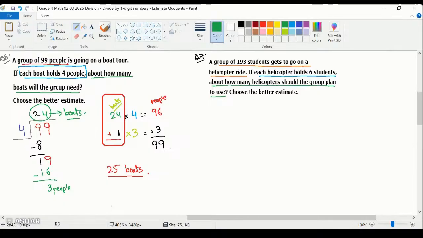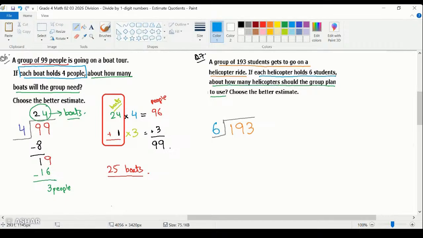And they're asking how many helicopters should the group plan to use, or how many helicopter rides would there be. That means if we have a total of 193 students, they go in groups of 6, right?